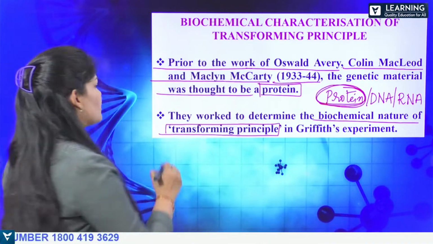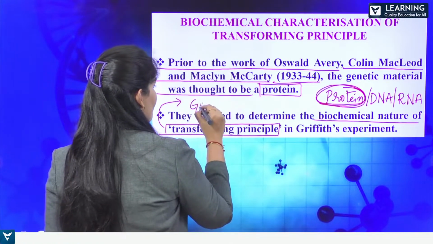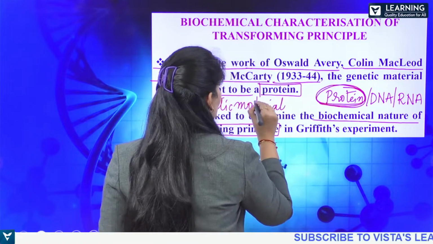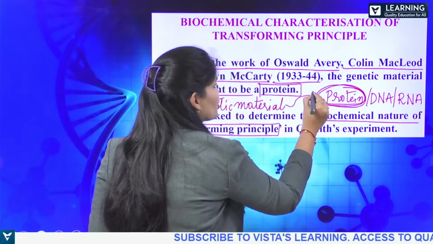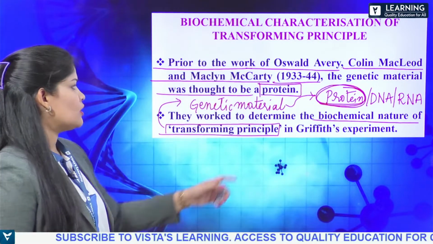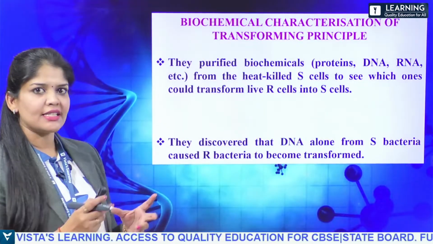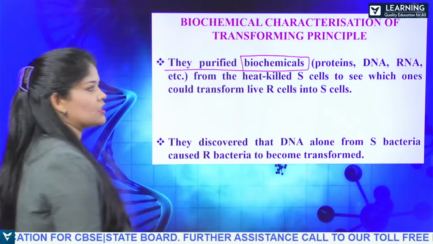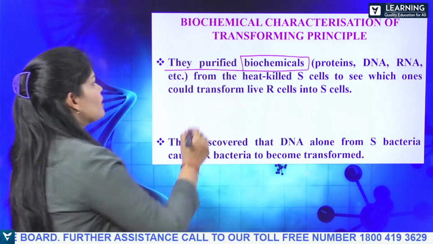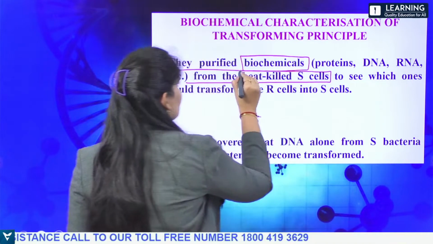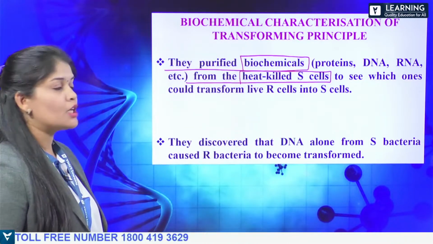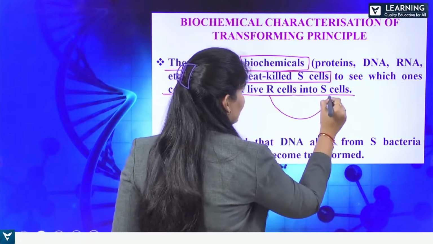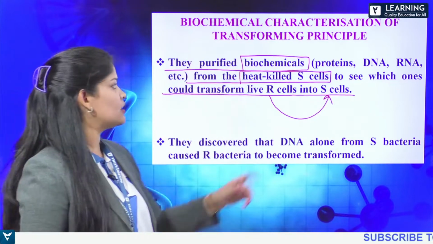We know that this transforming principle transforms the genetic material. And that genetic material was thought to be protein. So, how are they going to prove that? They purified the biochemicals like protein, DNA, RNA from the heat-killed S cells to see which one could transform the live R cells into S cells.